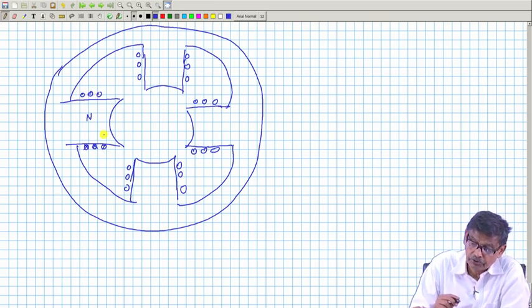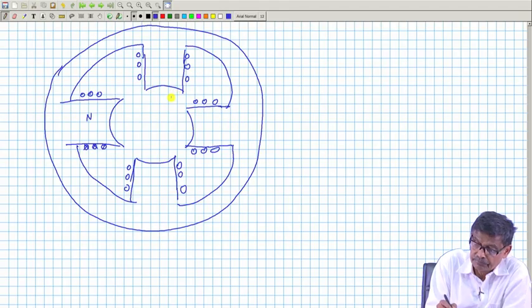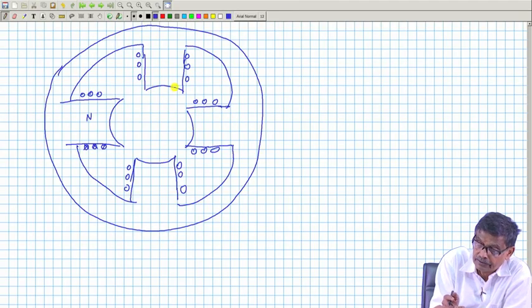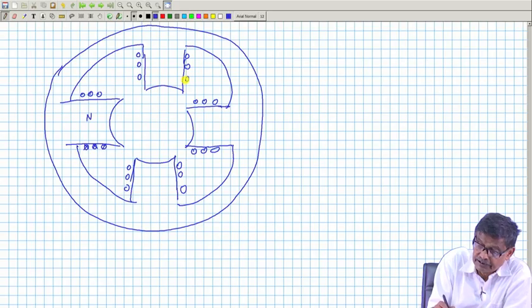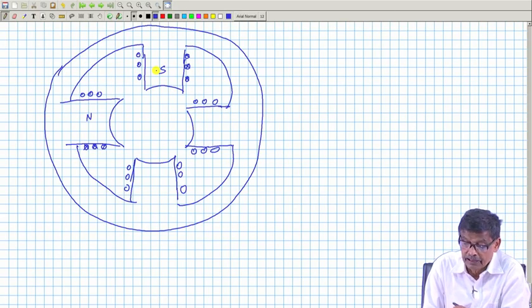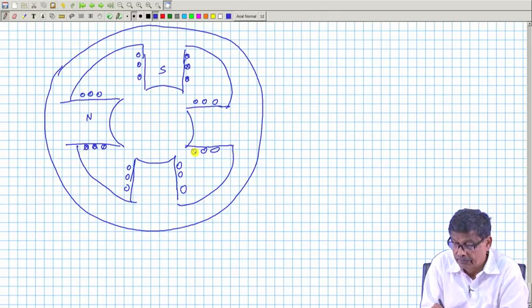Then the next pole will be a south pole. So, lines of force will go in, therefore, it must have cross here and dot there. So that it will become a south pole, and this one once again cross and dot.